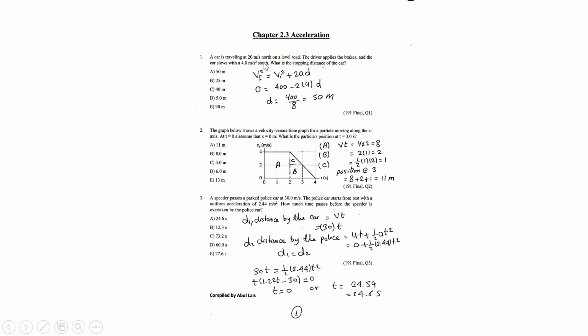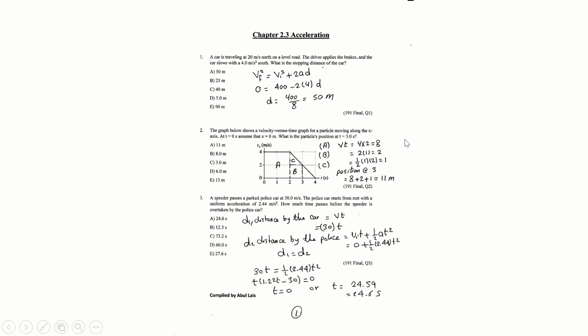Because the car was initially traveling towards the north. When you apply the brakes, the car slows down but towards the south. Because here you have north and here you have south, you must use a negative sign. Do the calculations, and d equals 50 meters, which is answer A.